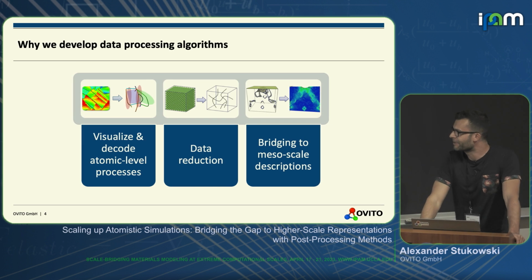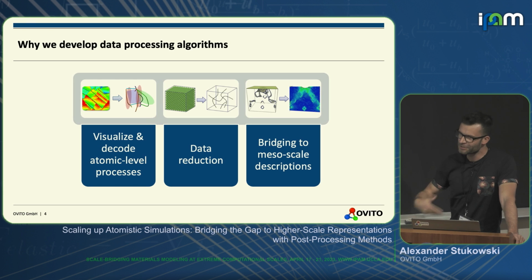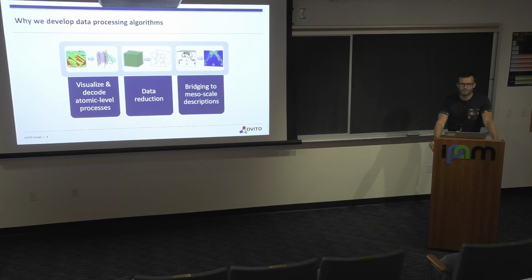There are at least three goals that we pursue with these developments. One is, of course, to visualize structures and processes and to understand atomic level processes. The second purpose is data reduction. These massive MD simulations produce so much data that you cannot store it anymore.